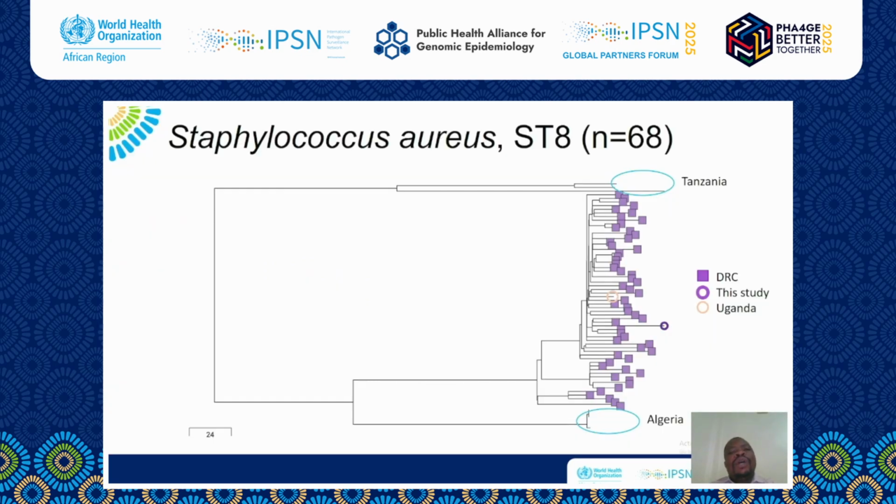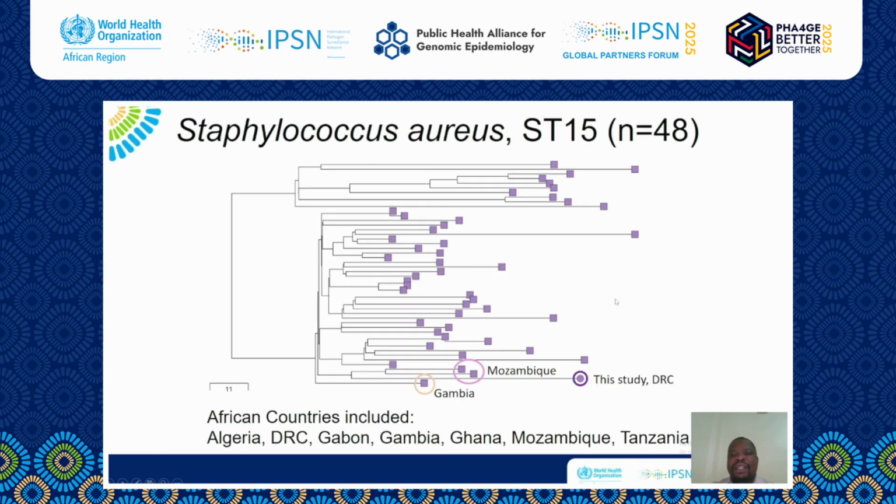We tried as well to make some phylogenetic trees, and of course, our strains of Staphylococcus were clustered together with the previously isolated strains in DRC and Uganda. And this is normal given the traffic that exists between the two countries.